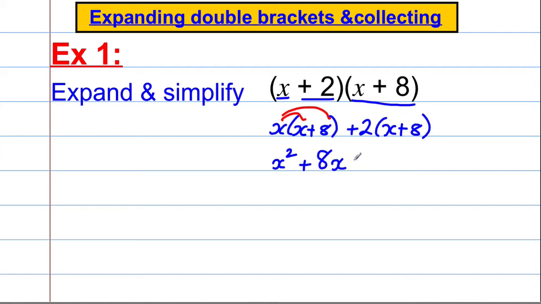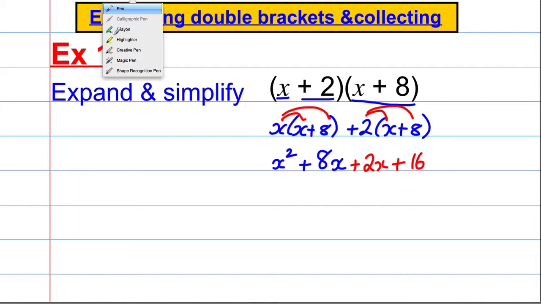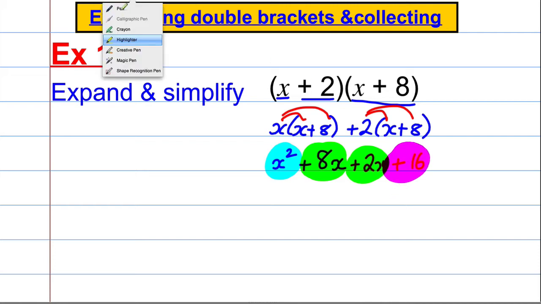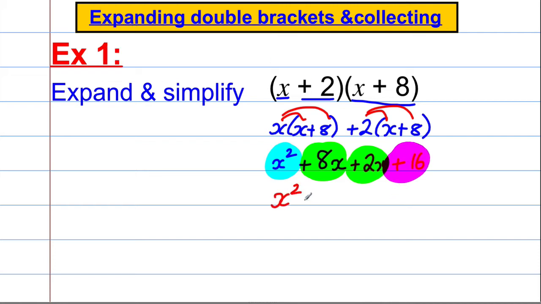Positive 2 multiplied by x is positive 2x. And positive 2 multiplied by positive 8 is positive 16. Then I told you, highlight all the separate terms, so highlight your x squareds, highlight your x's, and lastly, highlight your number. And in total then, we would have x squared plus, or add 10x, add 16.